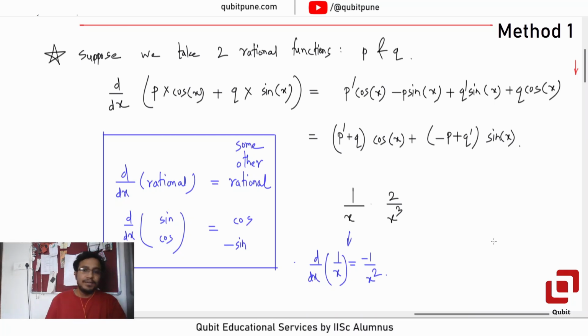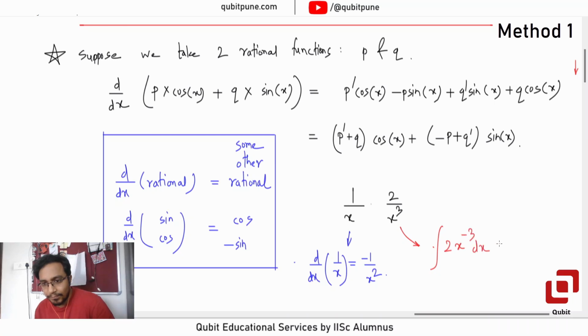And if you integrate that function, then it would give you 2 into x raised to negative 2 upon negative 2. So this is actually negative 1 upon x squared because 2 will get cancelled. So 2 by x cubed is actually the second derivative of 1 upon x. Got it?